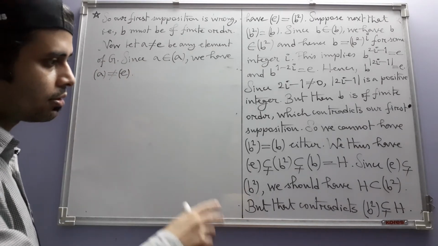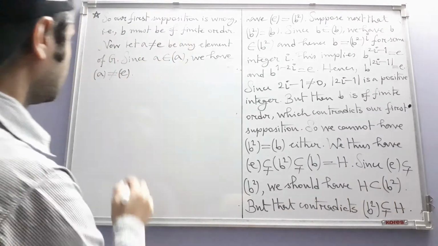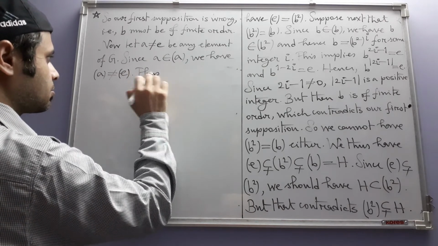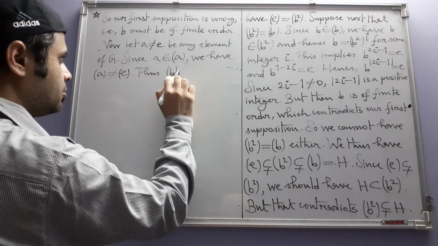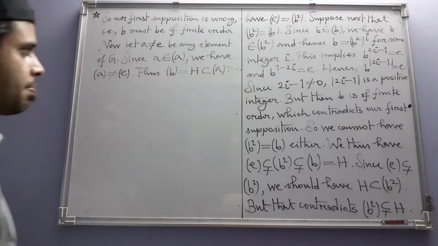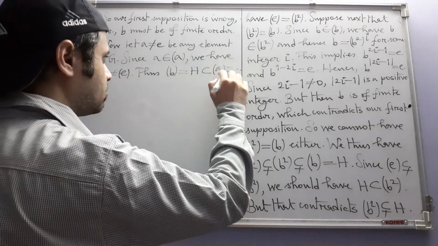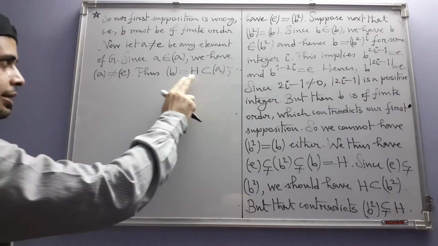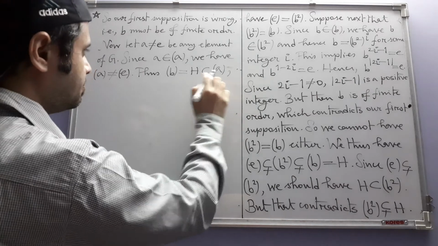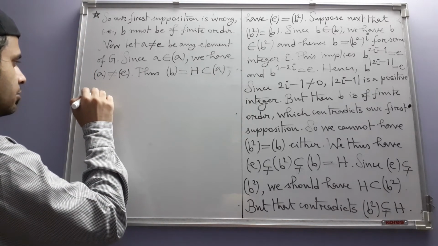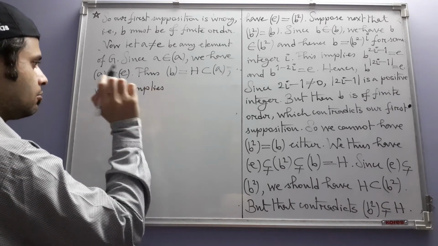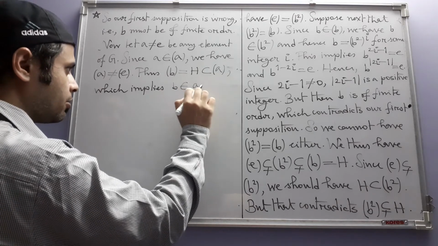So the intersection of all such subgroups, which is H, must be contained in A. Thus, H must be contained in A. But H is nothing but the cyclic subgroup generated by B, which contains the element B, which implies B must belong to this.